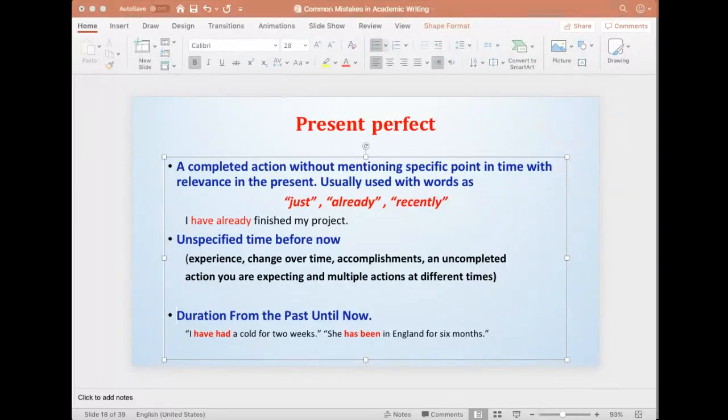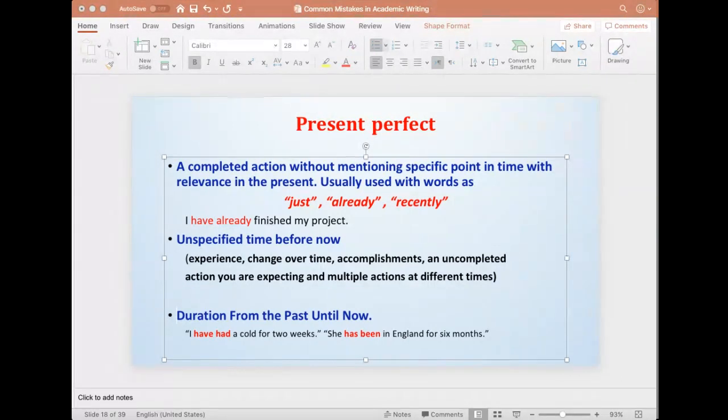If I want to change those sentences to the past simple, I would say, I had a cold, let's say, 2 weeks ago. So this sentence is in the past simple. Look at the differences between those two: I have had a cold for 2 weeks, and I had a cold 2 weeks ago.